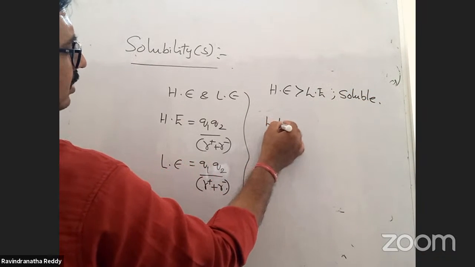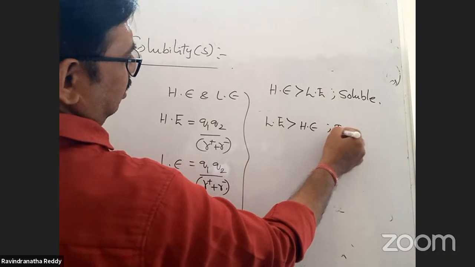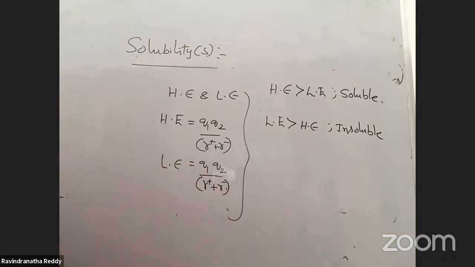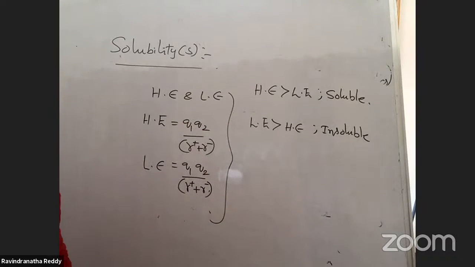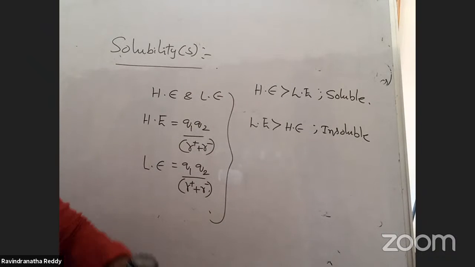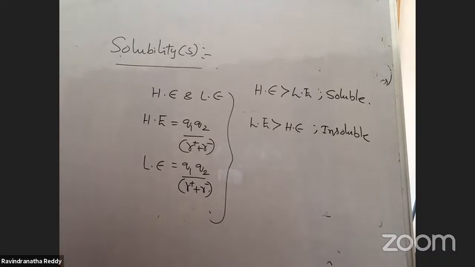Wherever lattice energy is greater than hydration energy, the salt is insoluble. If both are equal, it is partially soluble. This is the solubility of the salts.